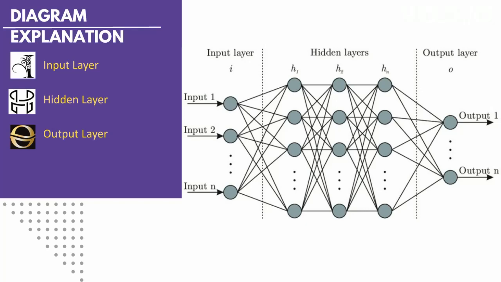If the threshold of the next layer is not crossed, data is not transmitted to the next layer. Neural networks are capable of classifying and clustering data at high speeds.